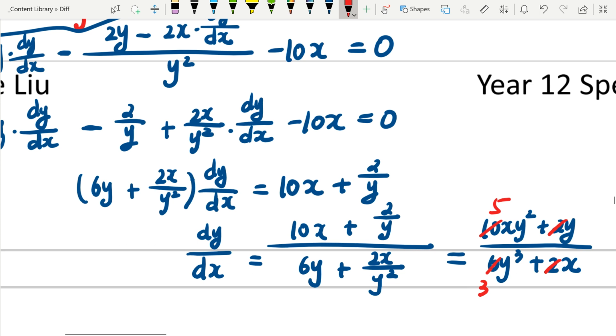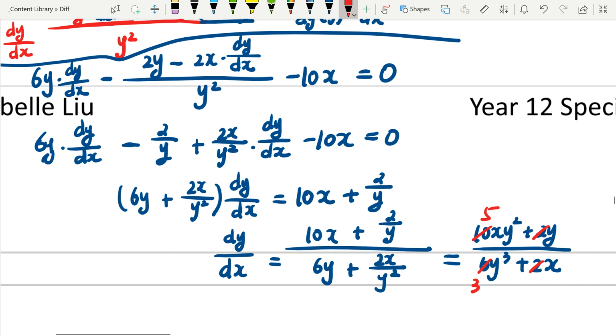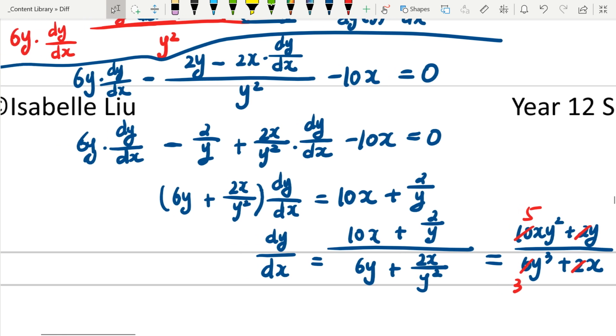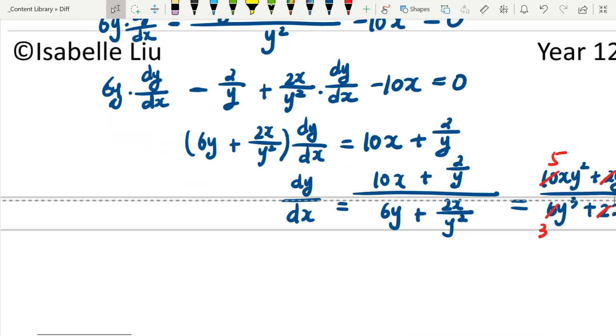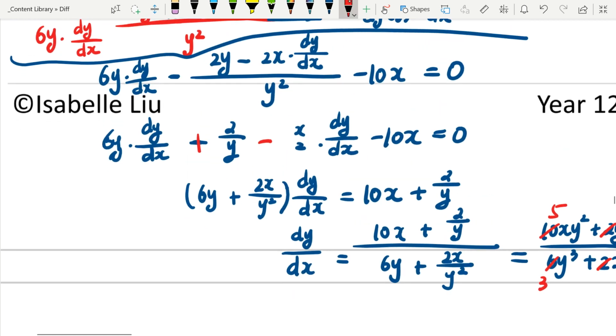Anything wrong with my calculation? Which part? I think it's not the answer I calculated last time. Which part is not right? Is that a plus sign above? That's a plus sign, then that's a minus sign. 2x over y squared.